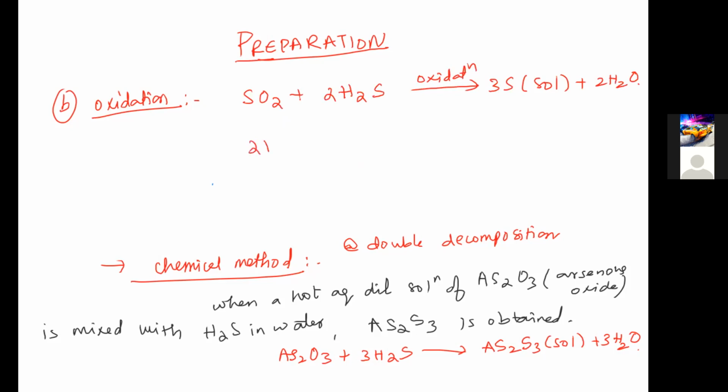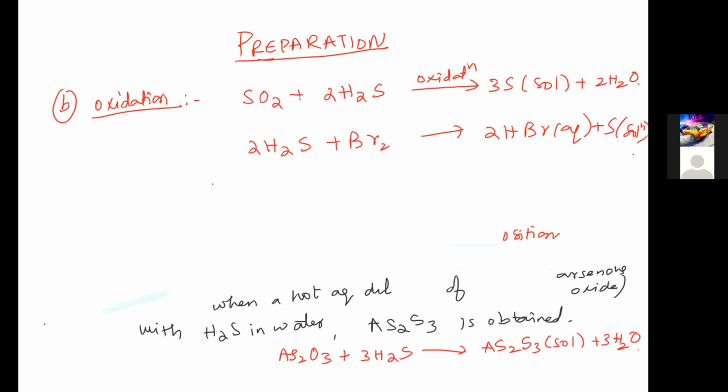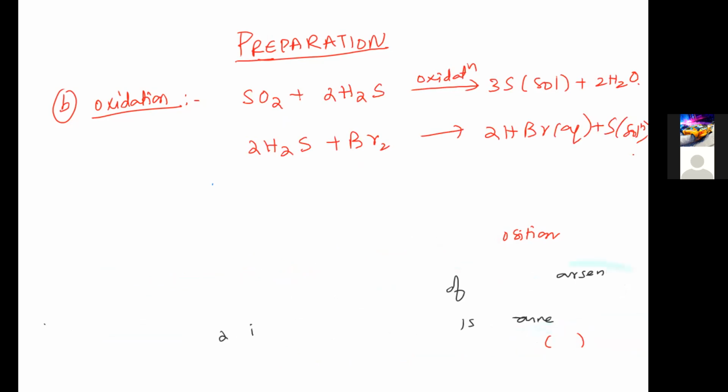Also 2H2S plus bromine gives 2HBr aqueous. Wherever I write S solution, that is only the colloid. That is the B part, after double decomposition.